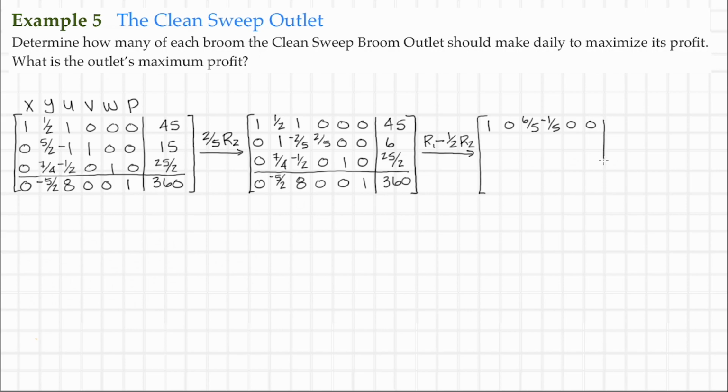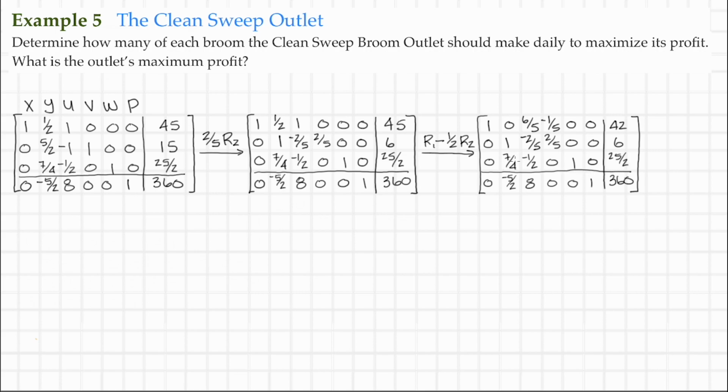Bring down our vertical line. 6 times 1/2 is 3, and 45 minus 3 is 42. Close off our bracket and fill in the rest. Put in our horizontal bar.